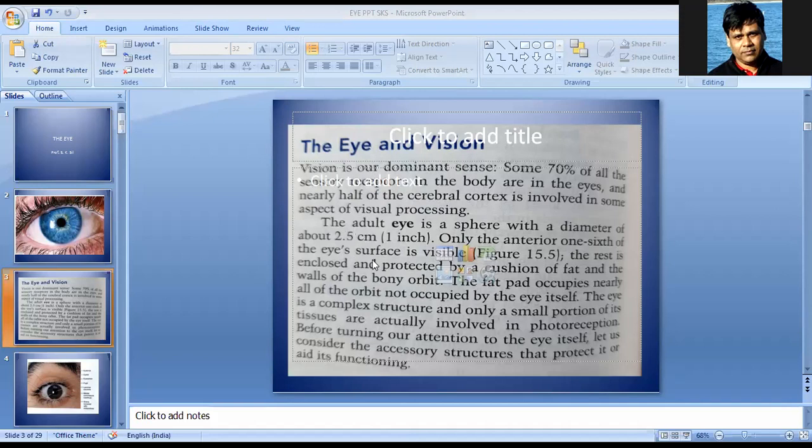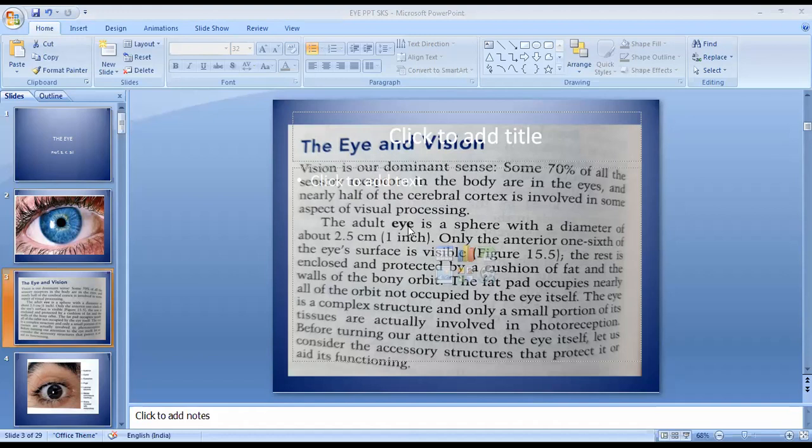To have some idea regarding its size, the adult eye is a sphere-like body with a diameter of about 2.5 centimeters. The anterior one-sixth of the eye surface is visible.